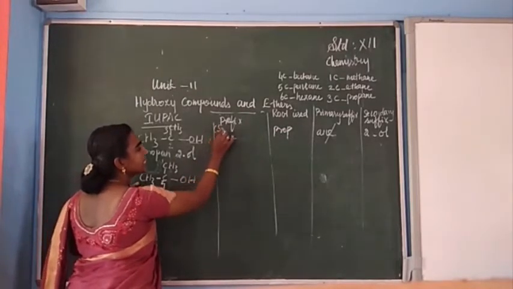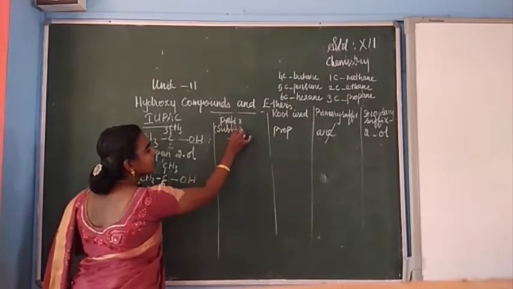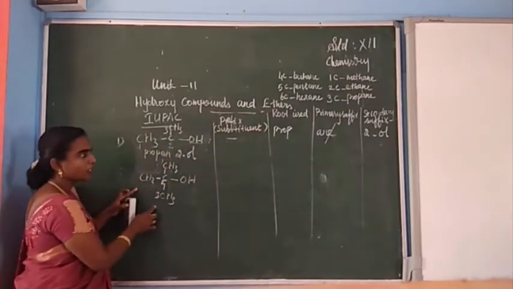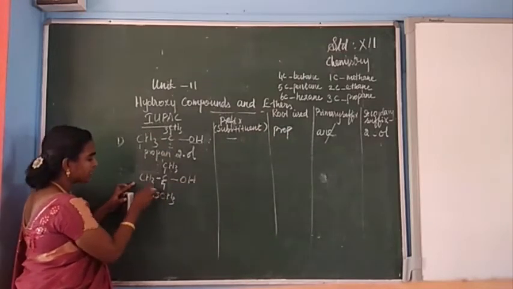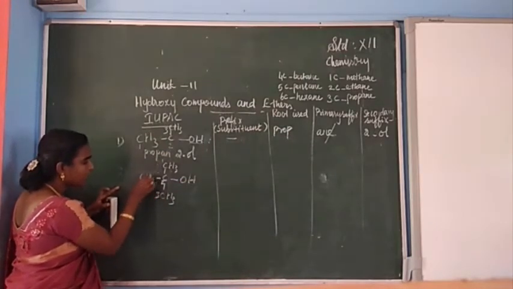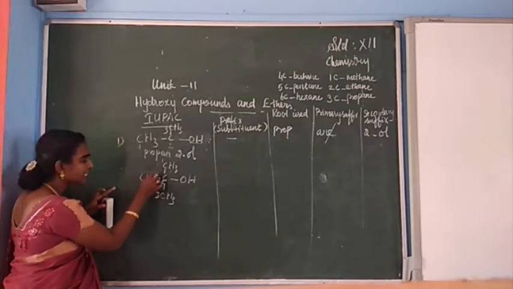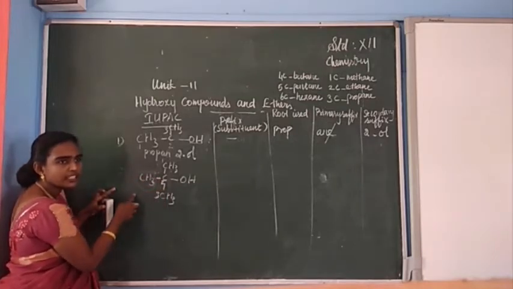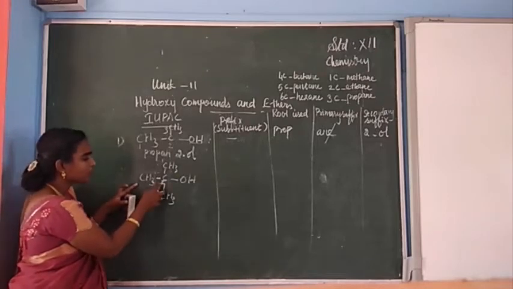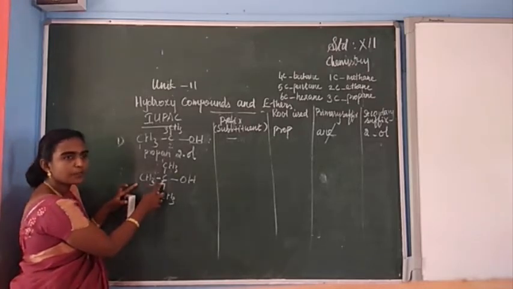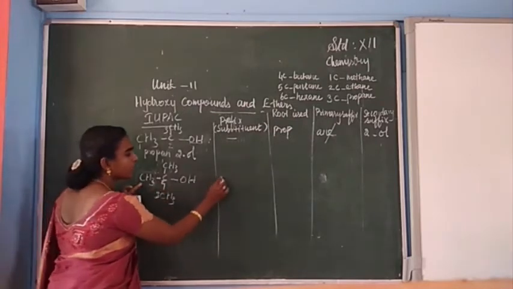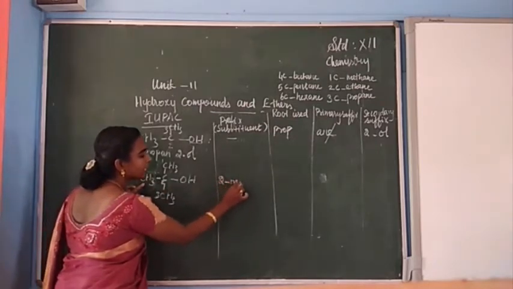Is there any substituent in this compound taken as prefix? When you consider this compound, this CH3 is taken as a substituent. Why? We have not given the number there. So in which position that substituent is, we have to mention here. It is in second position. So it is 2-methyl.